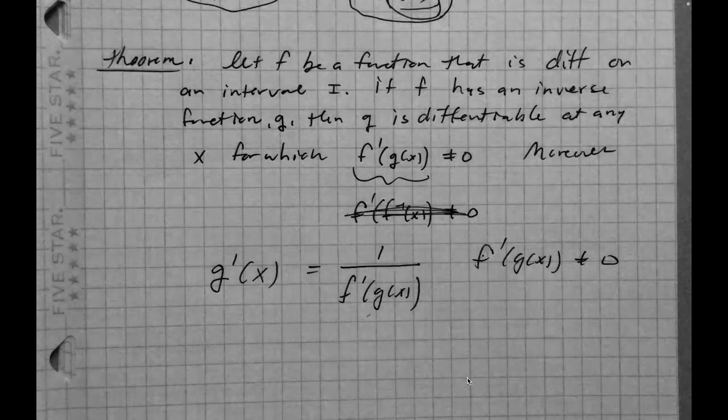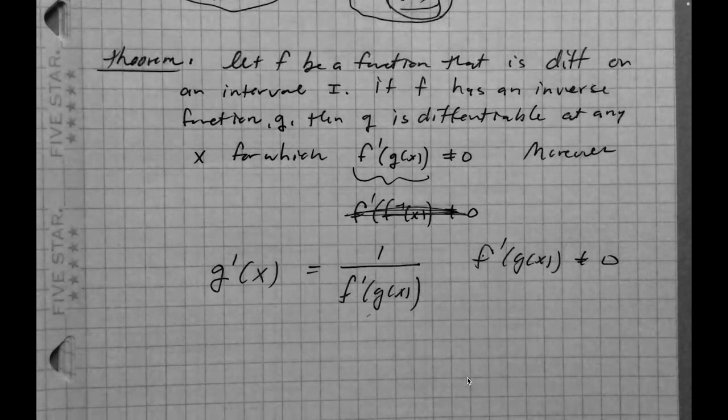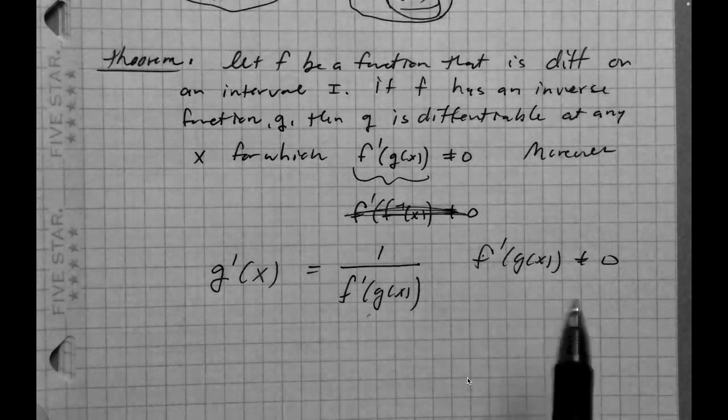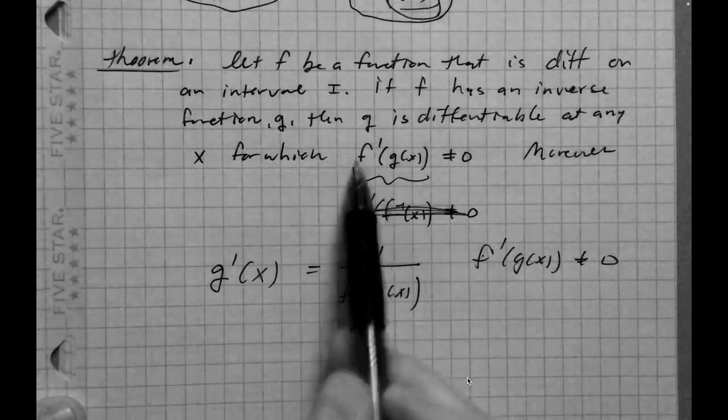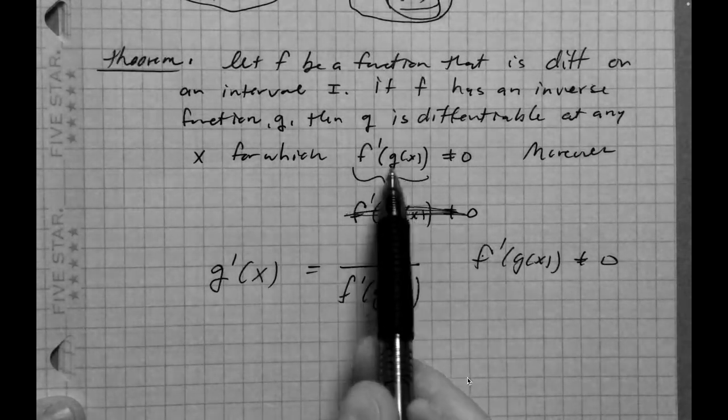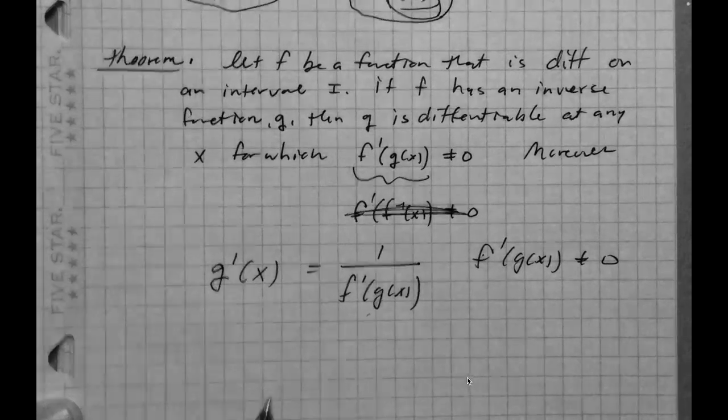Okay, so that's kind of a mouthful there. So if f is a differentiable function, and f has an inverse function g, g is also differentiable, and it's differentiable at any x where the derivative evaluated at the inverse is non-zero.